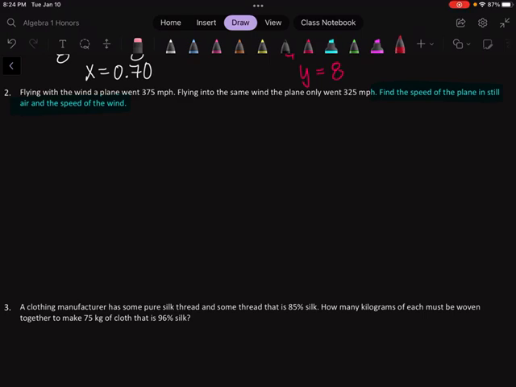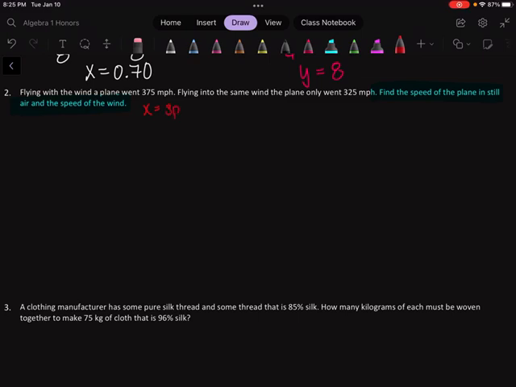So let's go ahead and assign our variables. X is equal to the speed of the plane in still air. And when it says speed of the plane in still air, that means if there was no wind blowing, then it would be going this speed, okay?